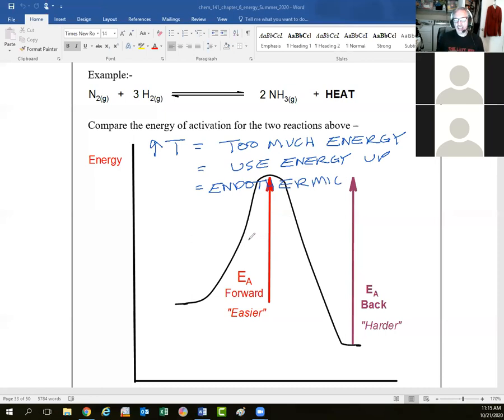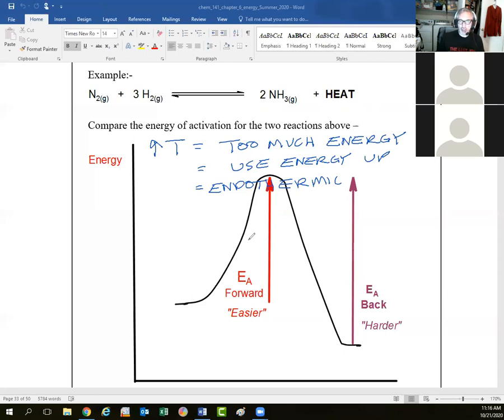So again, it's a system compensating for that change being forced on it, the increase in temperature. You increase temperature, we have too much energy. You increase temperature, you favor the endothermic reaction.